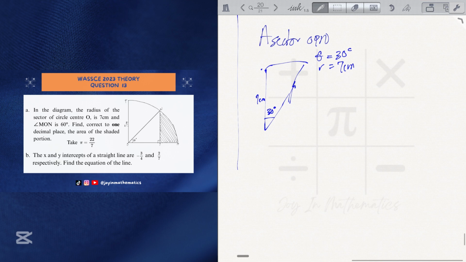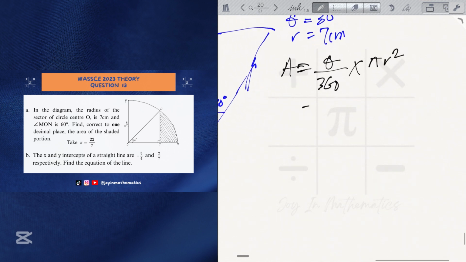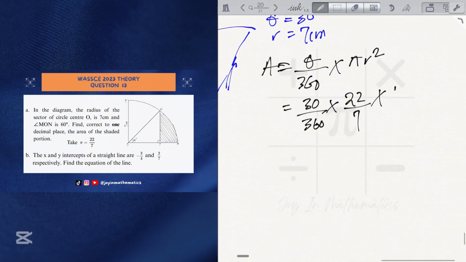For this area, we will apply the same formula of area of sector, theta over 360 multiplied by pi r squared. So the angle theta is 30 degrees divided by 360 multiplied by pi, 22 over 7, multiplied by r, which is 7 squared.